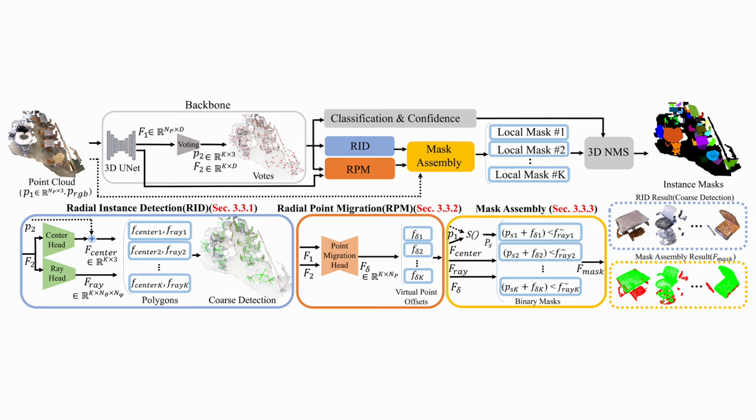Our second module, radial point migration, refines the coarse instance mask by predicting the per-point offset in each vote. Essentially, it learns to move each point inside or outside of the predicted rays from the radial instance detection.